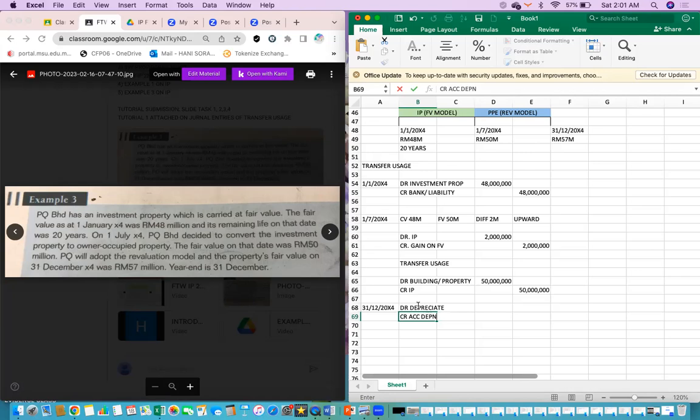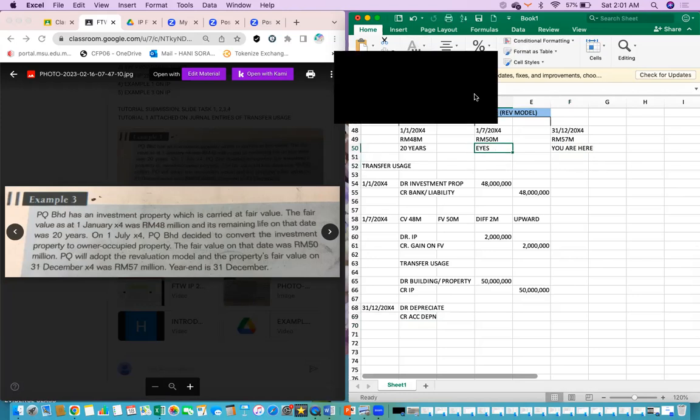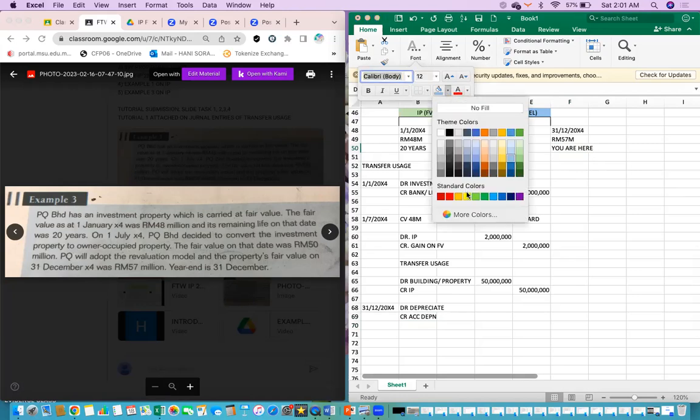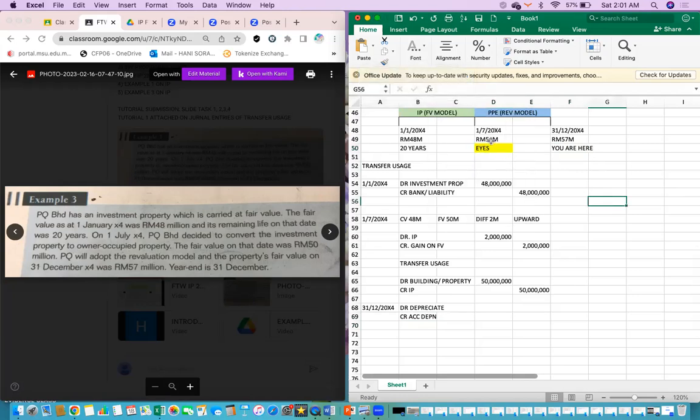So accumulated depreciation. So now you are here. Your eyes should be put here. In order for you to calculate depreciation, you put your eyes here. When you put your eyes here, you want to find the value of this asset. So you can see that 50 million.